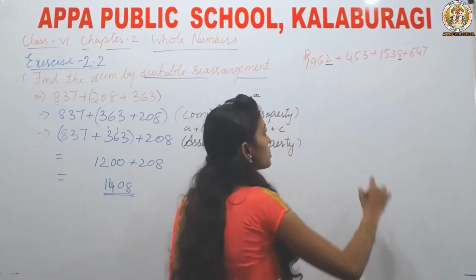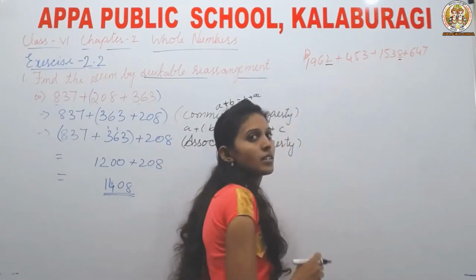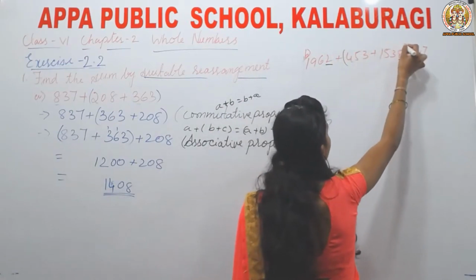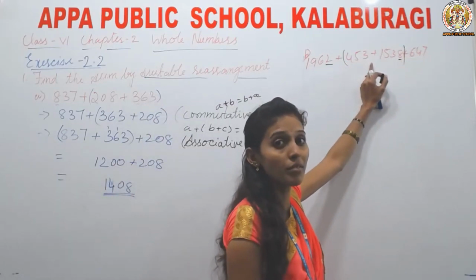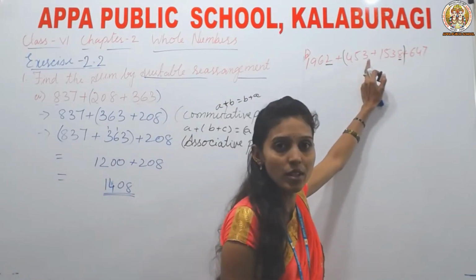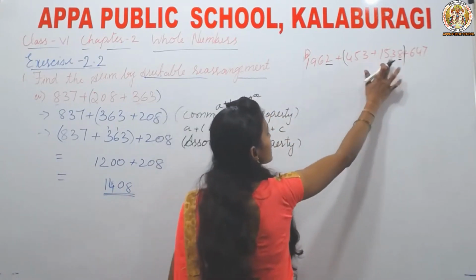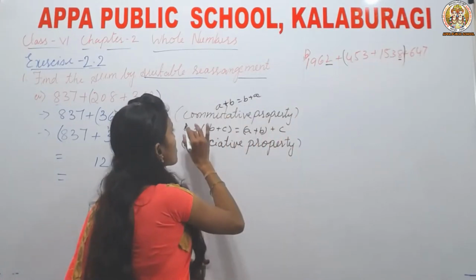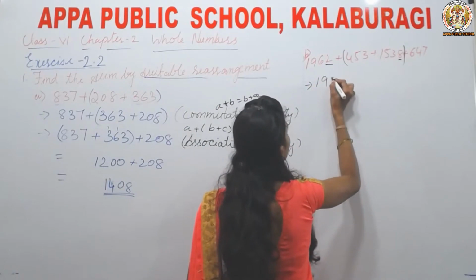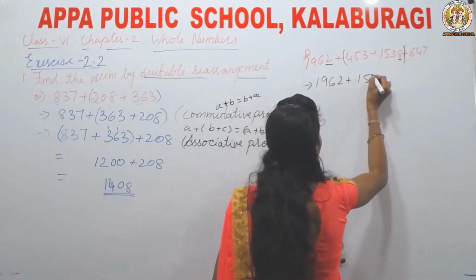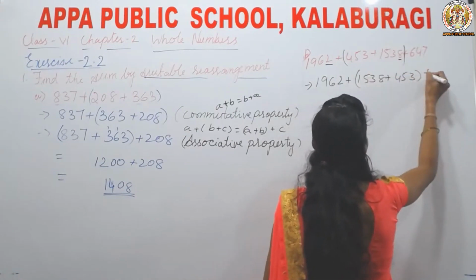Let us add those. So to add these two, this number we want here, this number we want here. We can exchange the number because addition is commutative. If it is subtraction, we can't do that. But here it is addition. Addition is commutative, so we can do that. Right? So therefore, let us exchange this number. Exchanging using the commutative property. Okay? So 1962 plus 1538 plus 453 plus 647.